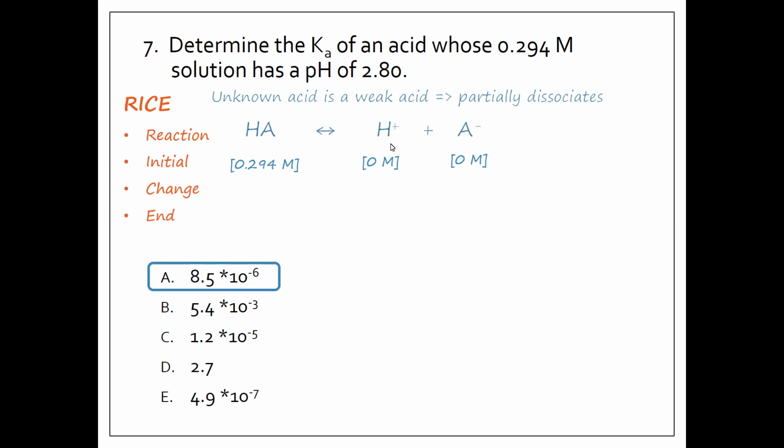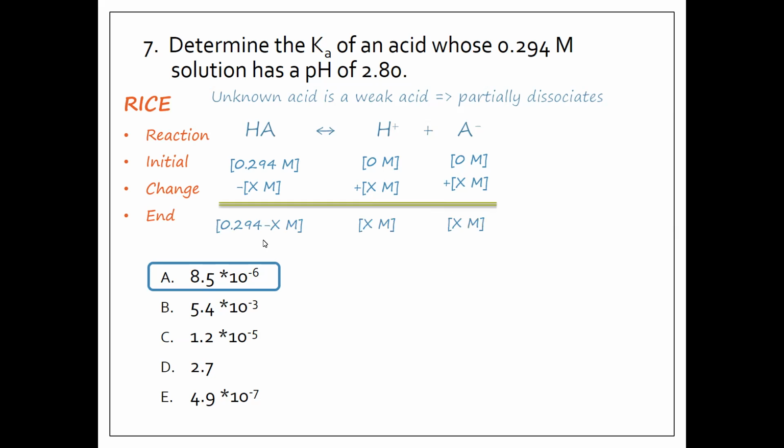And so the initial amount of the H plus and the A minus is 0. So the change is minus X, plus X, plus X, because it's a 1-to-1 mole ratio. So the ending amounts we have here. And then we're going to set up our K expression. So products over reactants. So product times product over the reactant. And we're looking for the Ka, so that's what we're looking for.